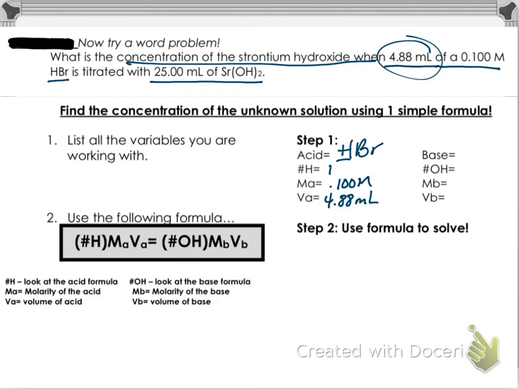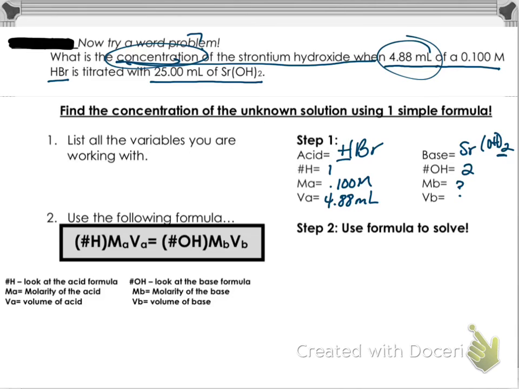That's how much it took to neutralize that base. Okay, so let's take a look at the base. The base is the strontium hydroxide. And if you look at that formula, how many hydroxides do we have? 2. Okay. And the molarity, well, the molarity is a fancy way of saying the concentration. That's our unknown. That's what we're solving for.